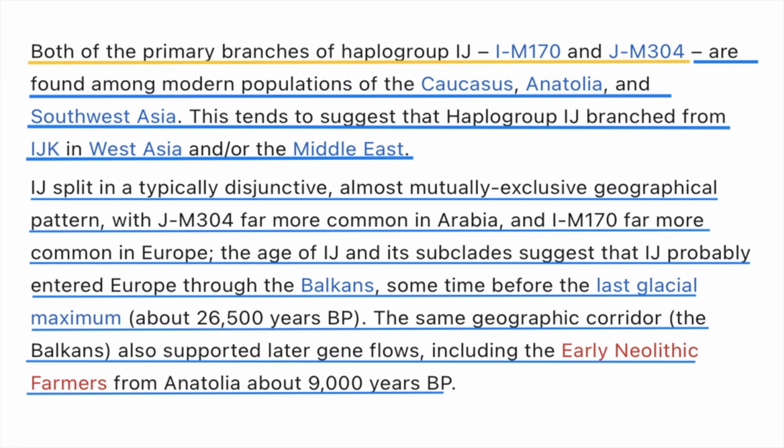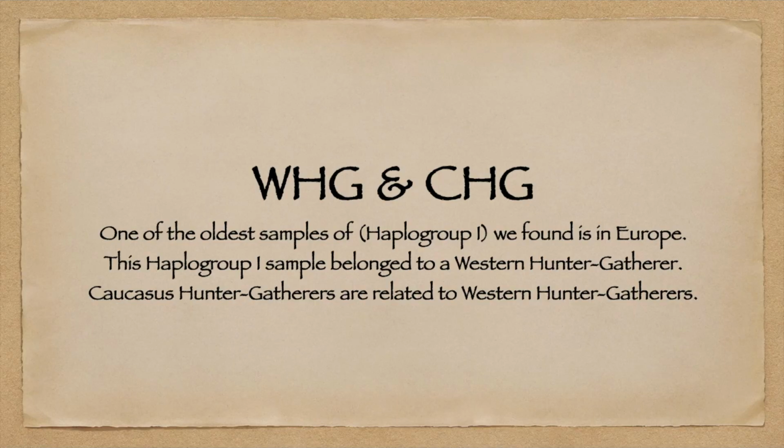The age of IJ and its subclades suggests that IJ probably entered Europe through the Balkans sometime before the last glacial maximum. The same geographic corridor, the Balkans, also supported later gene flow, including the early Neolithic farmers from Anatolia about 9,000 years BP.